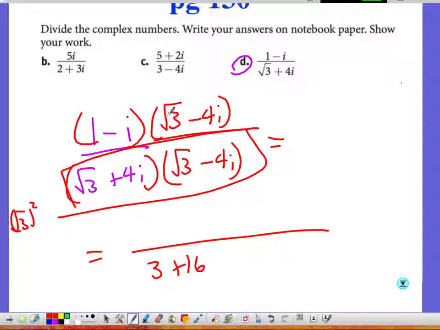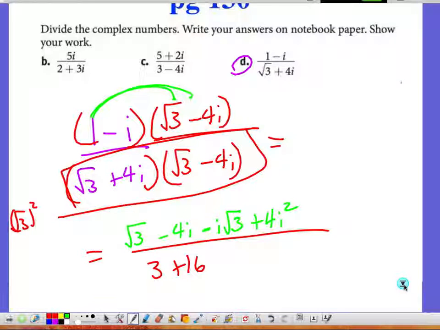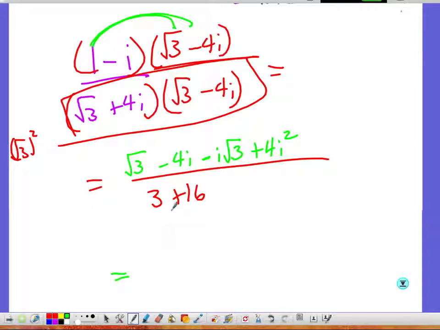Because these are not complex conjugates, we have to distribute. So 1 times square root of 3 is square root of 3. 1 times -4i is -4i. Negative i times the square root of 3 is -i square root of 3. And then -i times -4i is positive 4i squared. Combine like terms here.